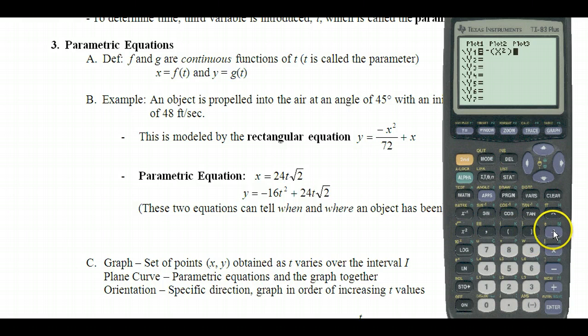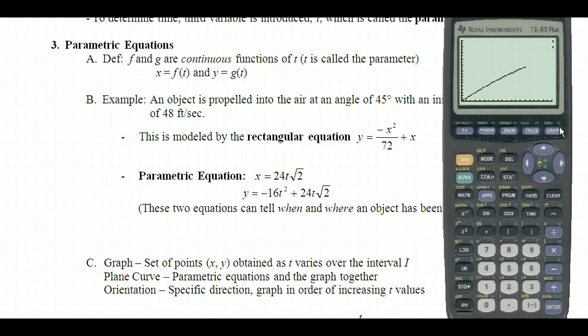I don't think you would need parentheses. Divided by 72. And then we want to add x to that. For our window settings, let's go from 0 to 20 to start. And I have no idea how high this is going to go. We may have to increase our window settings.